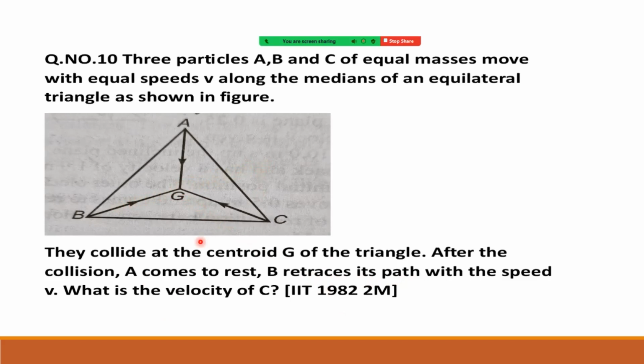So what is the answer? It is B. I hope you got clarity. A comes to rest, B retraces the path with a speed V. Since net momentum equals 0, C must move opposite to B with the same speed. That's why the answer is V. So, very simple question.